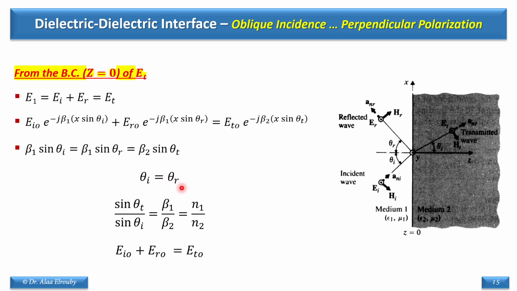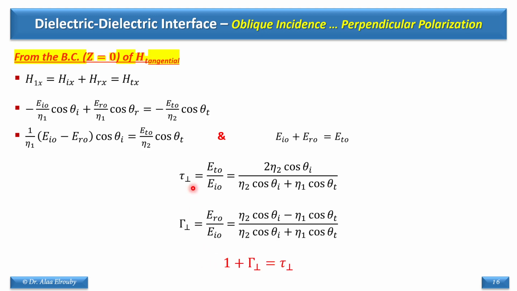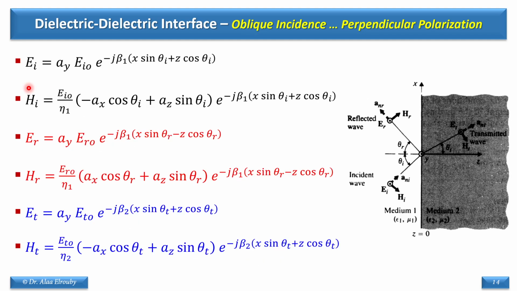So we have those two general conclusions that we discussed earlier. But now we have this equation: E incident plus E reflected equals E transmitted. Second, the boundary condition for H tangential. H tangential here is the x component. If we look here, we have H x and z. We are interested in the tangential component to the interface, which is x and y.